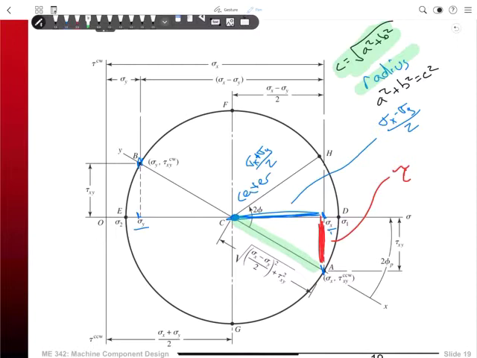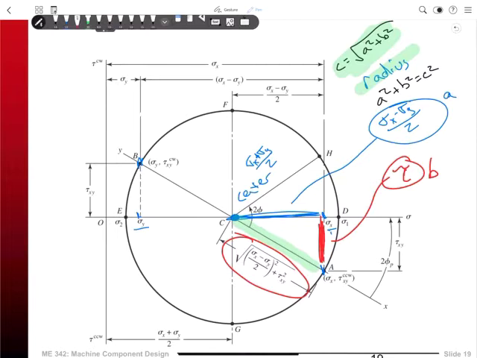Well, a squared is this, b squared is this, and so that gives us the radius of our circle, right?